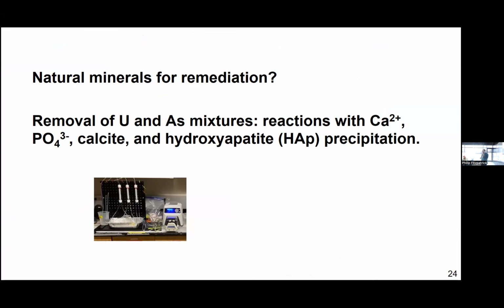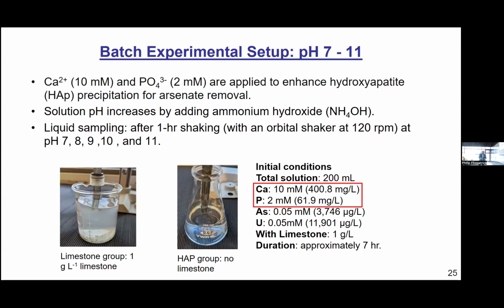That gave me an idea, as did Dan Jamar, my former postdoc mentor, who has done very nice work. I felt like, can we use some of that to also immobilize arsenic? So the question is: can we react uranium and arsenic mixtures with calcium phosphate and maybe calcite or limestone, as I'll show you in a bit, to immobilize both uranium and arsenic?